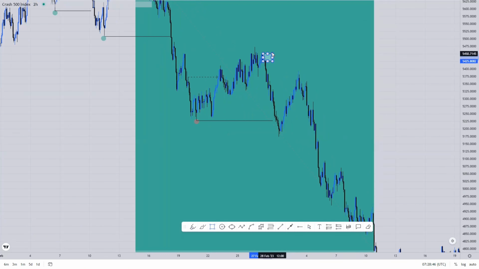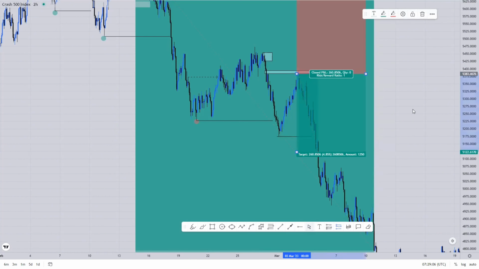Here they tapped the fair value gap, which was where you could have also entered your sells, meaning you're targeting this short-term target or that major target that I showed you on a higher time frame perspective. So all of these are selling opportunities that you could have gotten. This one, you could have caught it as well.